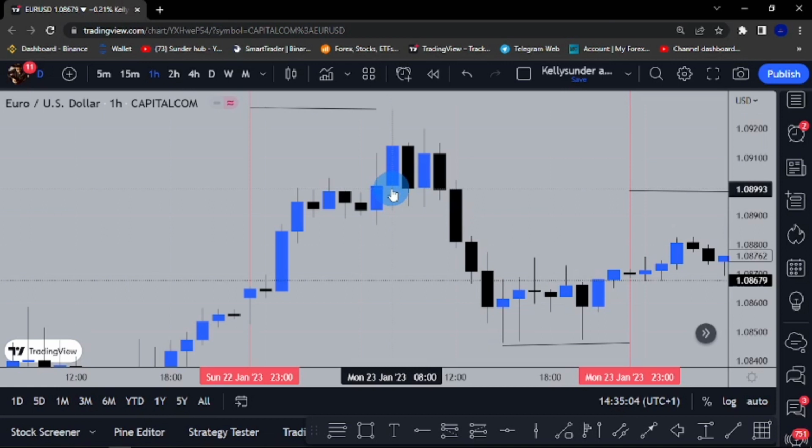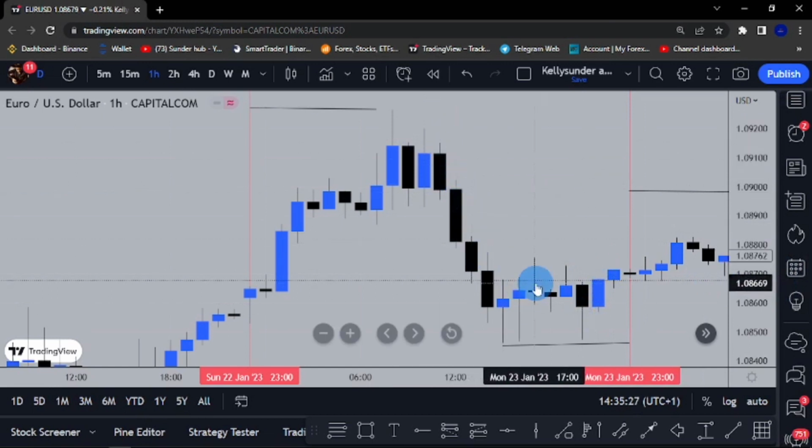This was around 8 p.m., before London opened. Price pushed higher, dropped, retraced. The London session highs happened around 10, then price dropped lower. On Monday, I don't really think I'd take the opportunity to take these sells.